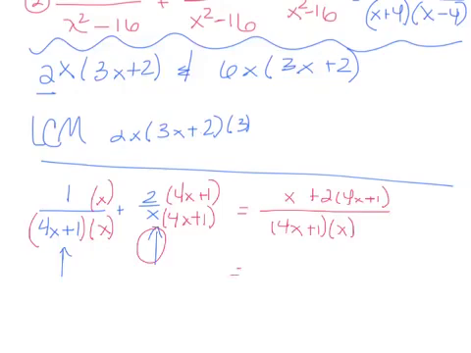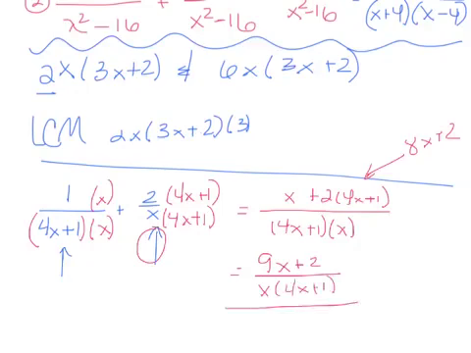Putting that together, you would end up with this right here. I'm doing a little side note. That's 8x plus 2. So that would give you 9x plus 2 divided by x times 4x plus 1. And I would state that is my solution.